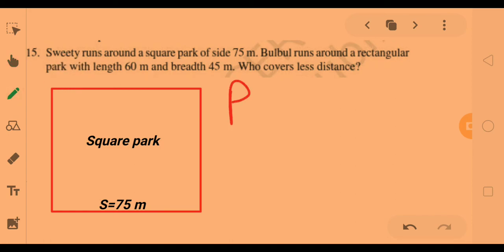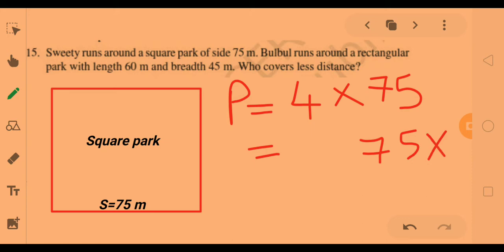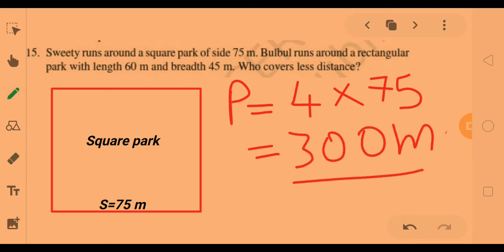So perimeter of square is, we know that it is 4 times the side. 4 times 75. So what we get? 75 times 4. 5 4s are 20... 7 4s are 28 plus 2, 30. So we will get 300 meter. So Sweetie covers 300 meter distance.